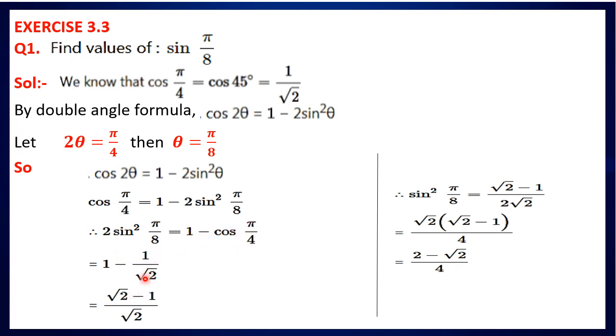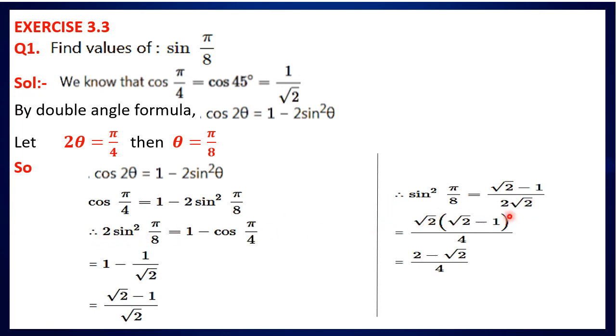We substitute and simplify, that is root 2 is cross multiplied, that is root 2 minus 1 upon root 2. Then 2 sin square pi upon 8 is root 2 minus 1 upon root 2. Then sin square pi upon 8 is equal to root 2 minus 1 upon 2 into root 2, that is, 2 is removed from the LHS.